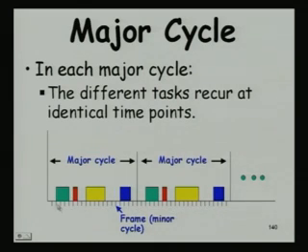Just see that this task, the green one, is starting at the start of a frame and also ending at the end of a frame. Similar is this one, but look at the yellow one, starting at the start of a frame but ending somewhere in the middle of a frame.